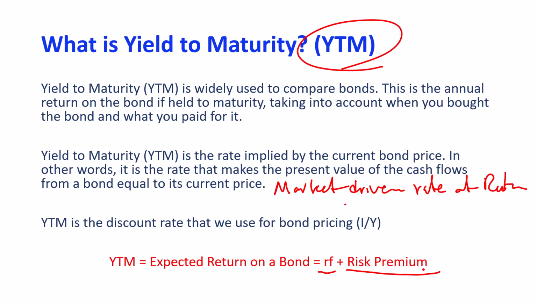But if you are willing to accept more risk, for example, if you invest in corporate bonds, then you need to be compensated for it. You're going to demand higher compensation for taking on more risk. So that's why you're going to get rewarded some risk premium for accepting that risk.